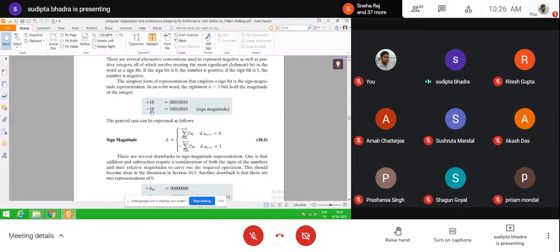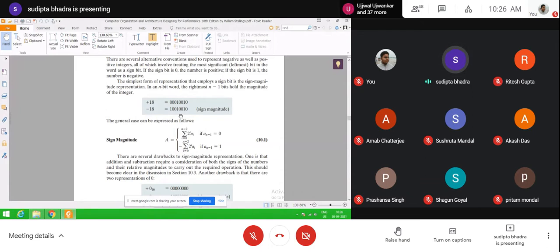Means what? Here, minus 18, an 8 bit number. So the A7 bit is 1, and the rest of the bits from A0 to A6 represent the magnitude.